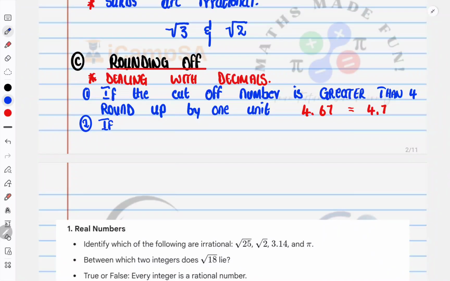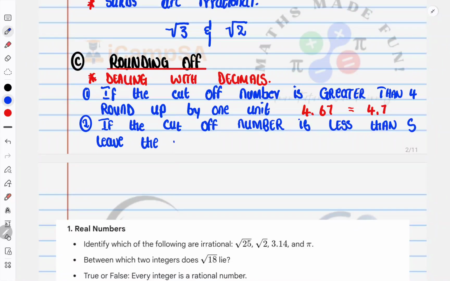If the cutoff number is less than 5, leave the number as it is.